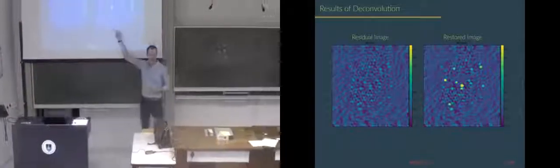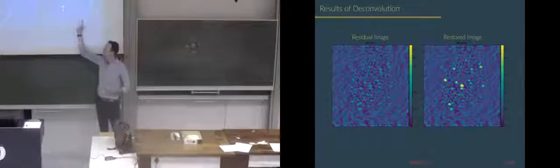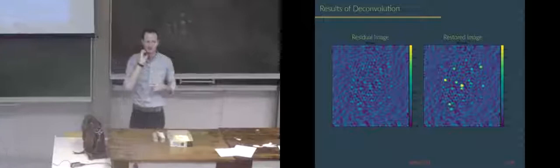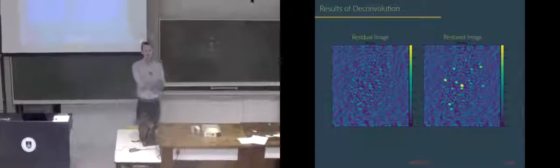Oftentimes you'll also see something called a restored image. The restored image is the pretty picture that a lot of people end up producing. It doesn't really produce much more information than anything else. The restored image is simply the residual image with the sky model added back in.